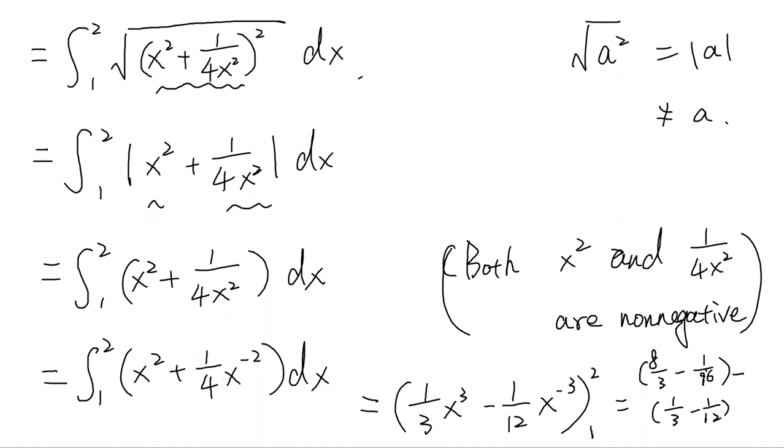Yeah, my bad. So thank you for pointing it out. So this should be -1/4 times x to the -1. And this time this will be 1/8, and this is 1/4.